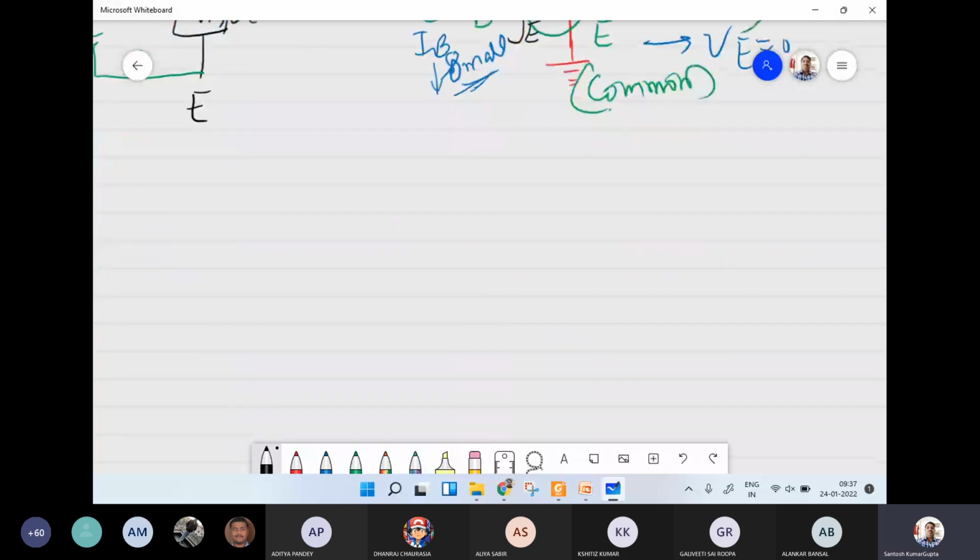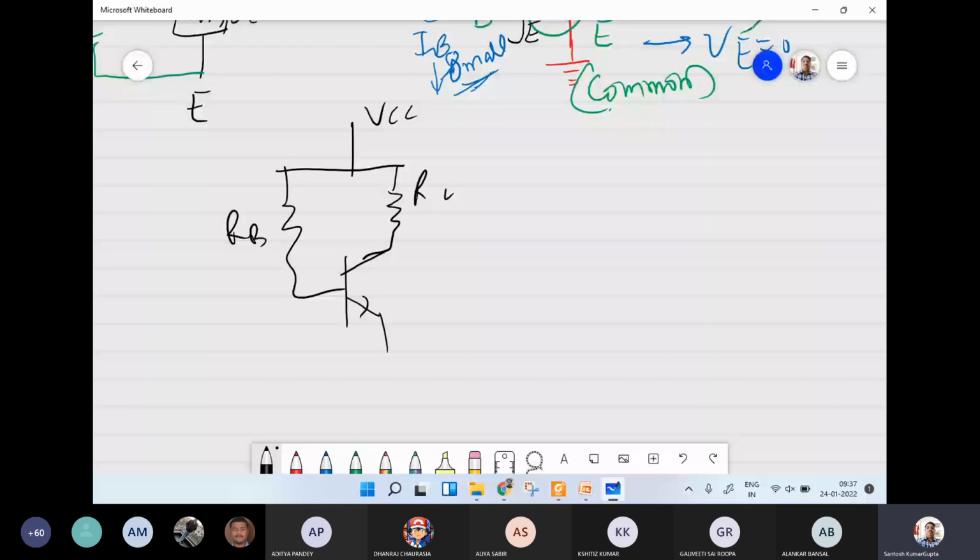Let me draw it again quickly. RC, RB, emitter, base, collector. This is the output side and this is the input side. We apply input at the base and take the output at the collector. At the output side we have this path.